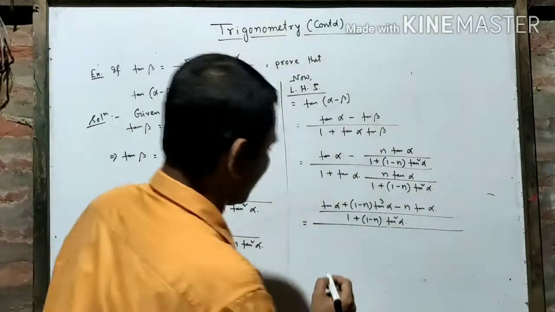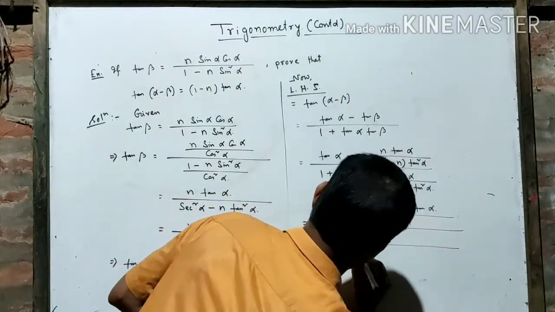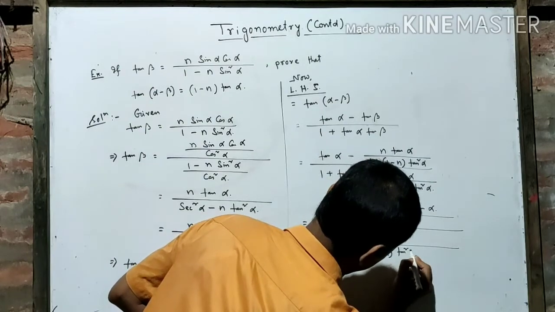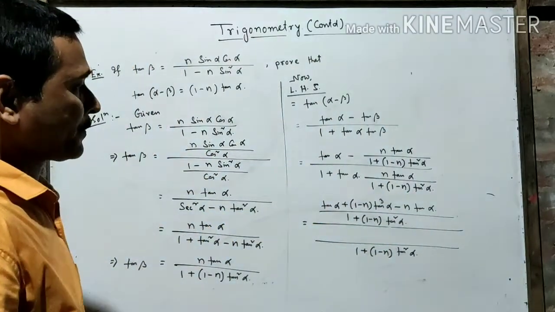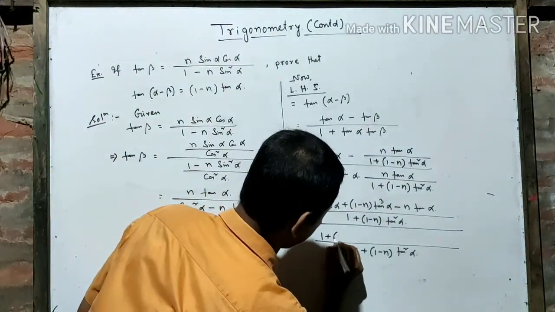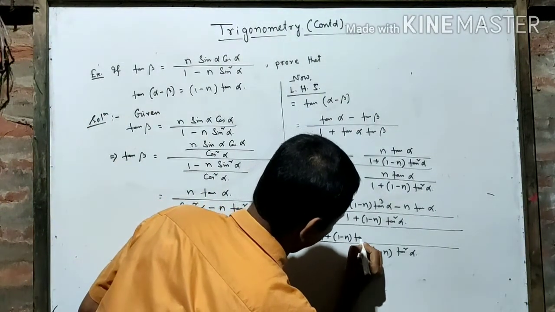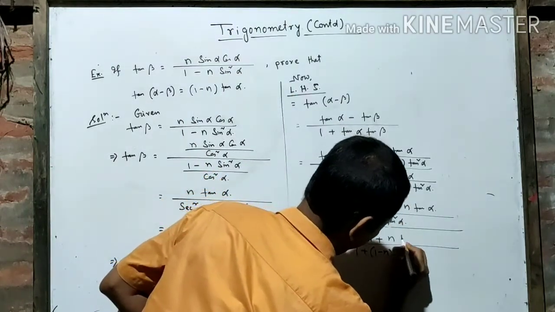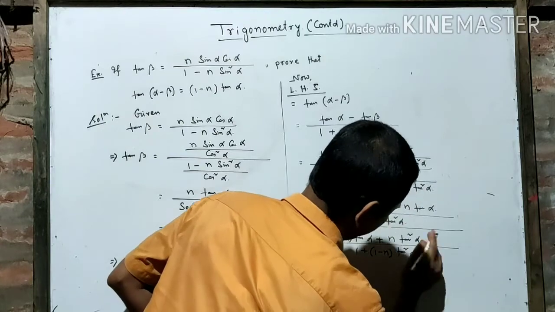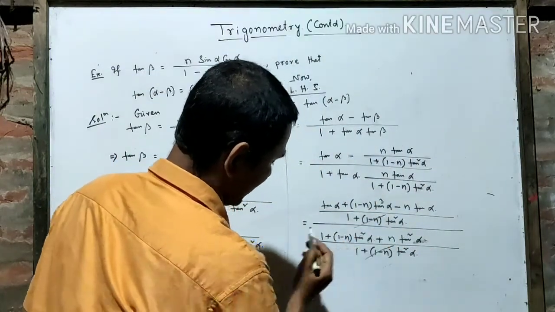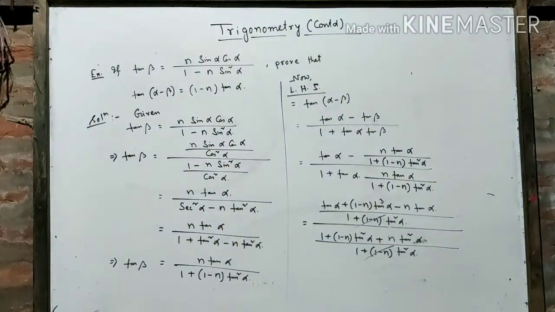And in the denominator, again the LCM is 1 plus (1 minus n) tan square alpha, the same quantity. So this into 1 is 1 plus (1 minus n) tan square alpha plus n tan square alpha. This quantity and this quantity are cancelled.